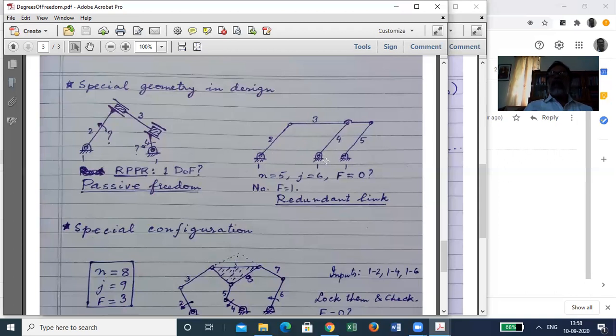And then link 5 is another rod of the same length as 4 and placed parallel to it and appropriately hinged. So this length, that is the distance from this pivot to this pivot on link 3, is the same as the corresponding distance on link 1.